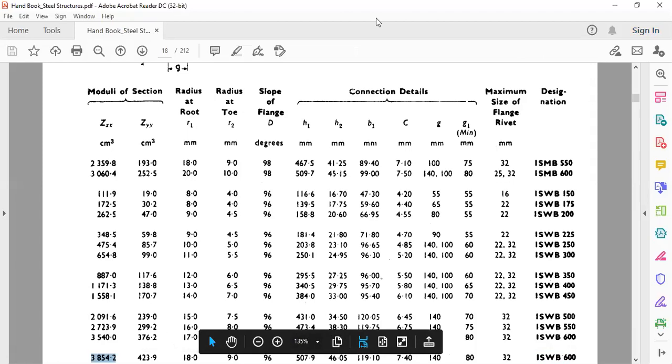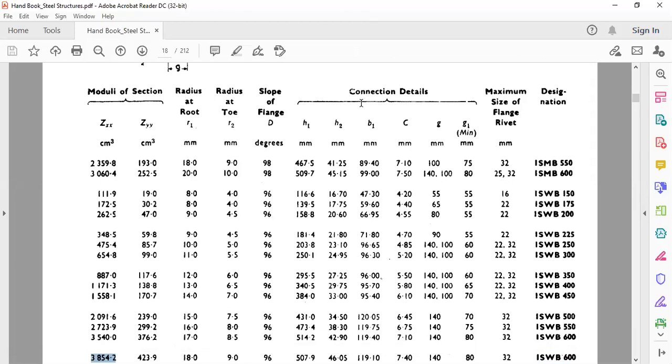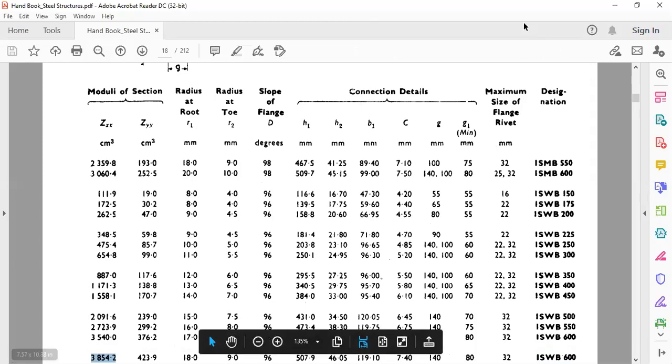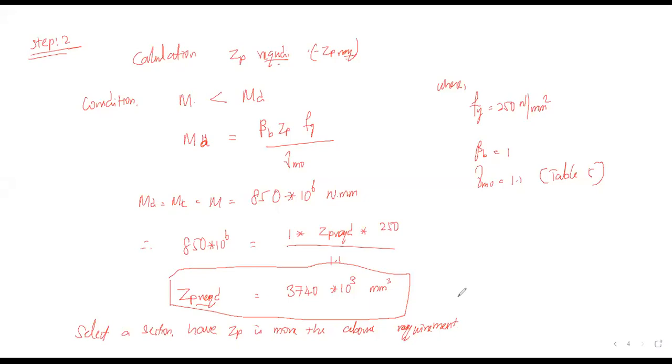Okay. So let us write the requirements as per ISWB 600. So our requirement is available like this. Let us move on to the selected section.